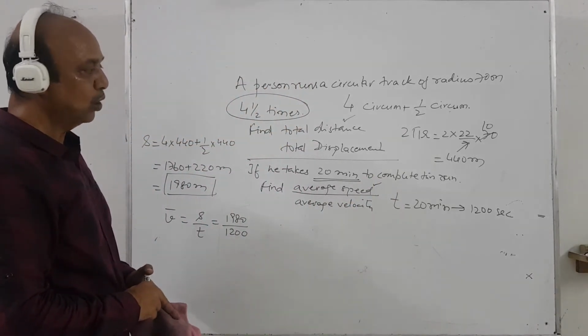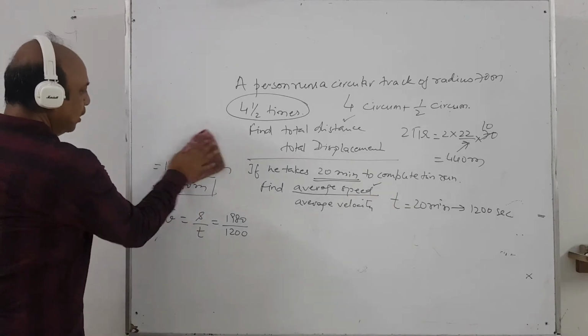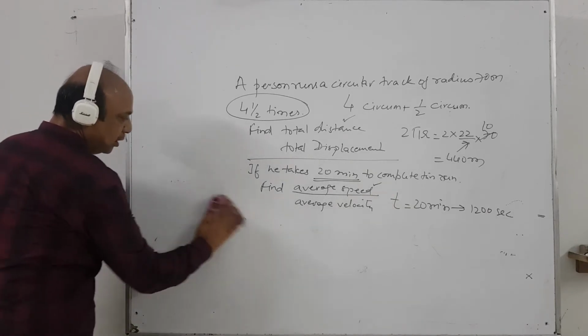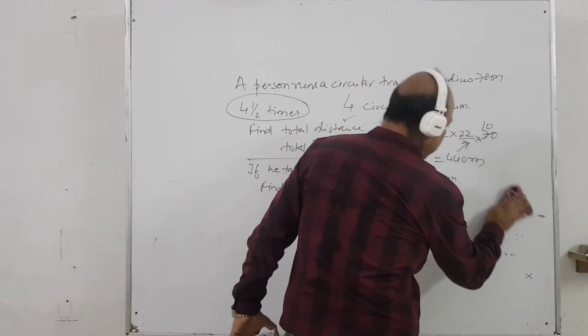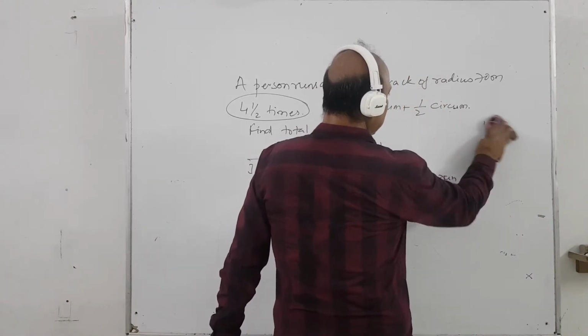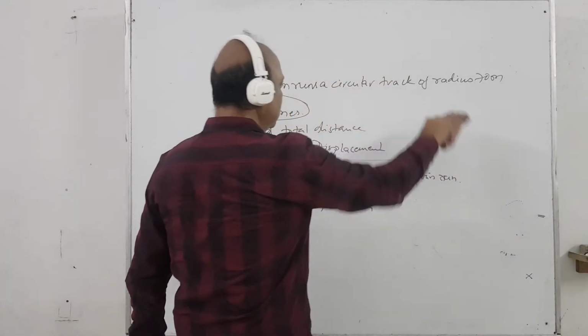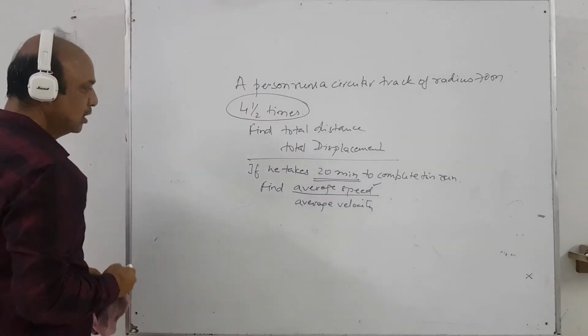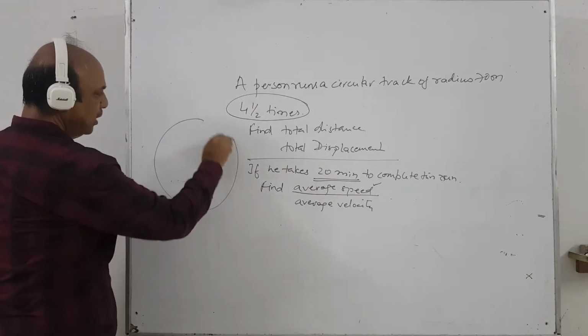Now coming down to total displacement. What is important is understanding where the person is, how he is running, visualize the circular track.